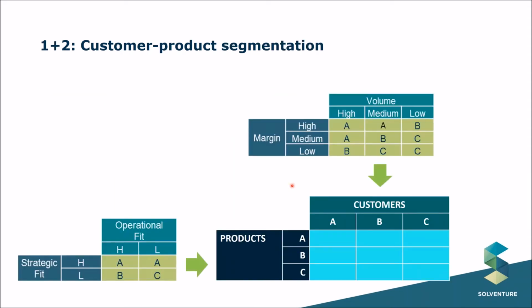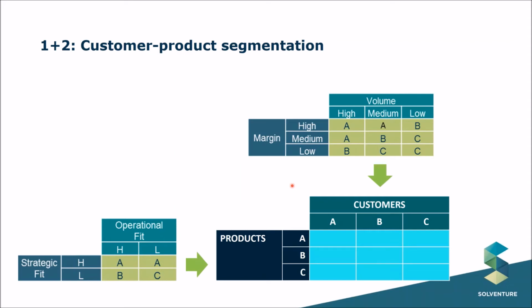Okay, so we have a first dimension, we have a second dimension. In this way, we can come to a customer product segmentation. So first step was, I define my customer. Second step is I define my product. And here I will merge the two.